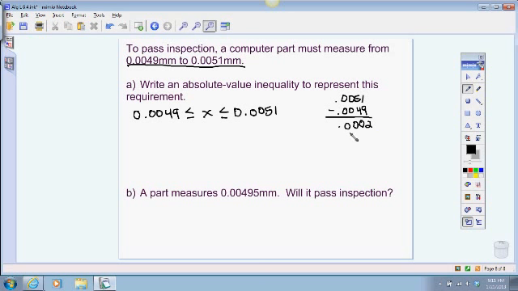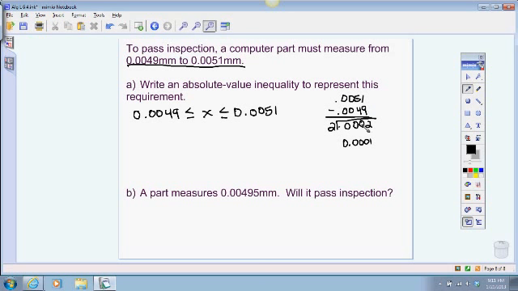So if you divide that by 2, 0.0002 divided by 2, you would get 0.0001. I probably am putting more work into this than you would.